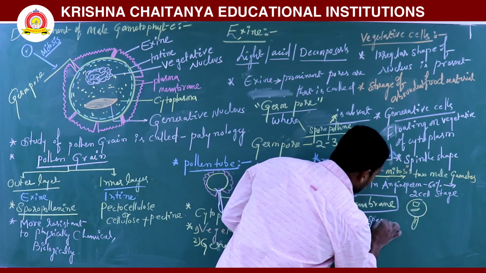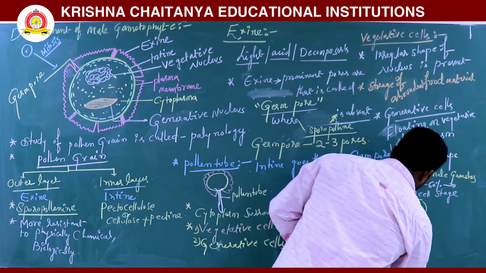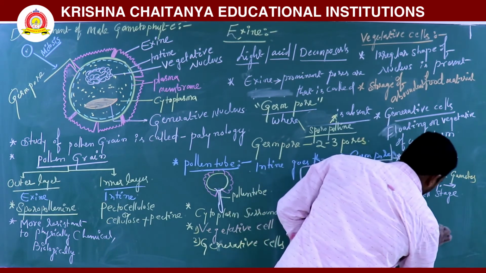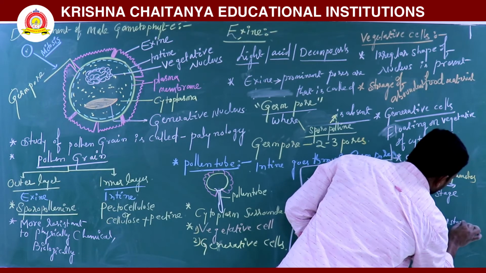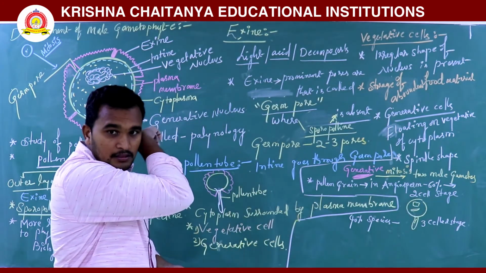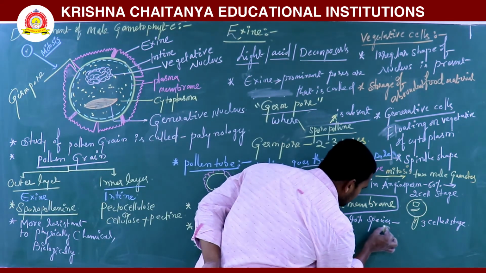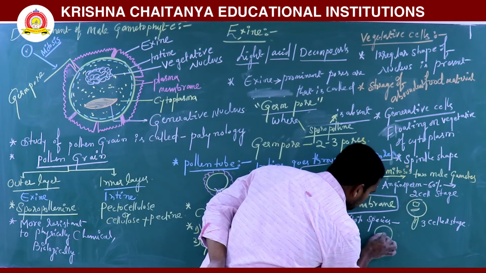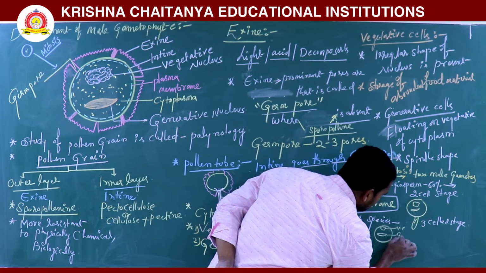of species are in the three-celled stage. See here, this is the pollen grain, this is the vegetative cell, this is the generative cell.